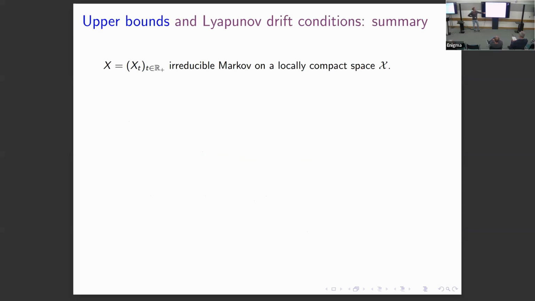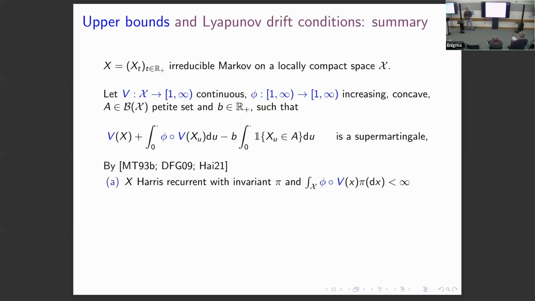So we start with an irreducible Markov process on a locally compact space X, and this is the setting of the theory. Now, working with such a general process can be very difficult. So the trick of the Lyapunov function approach is the following. One can take a Lyapunov function, a transformation from the state space to the interval [1, infinity).